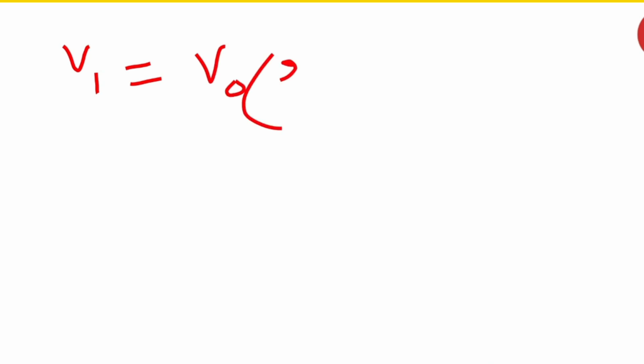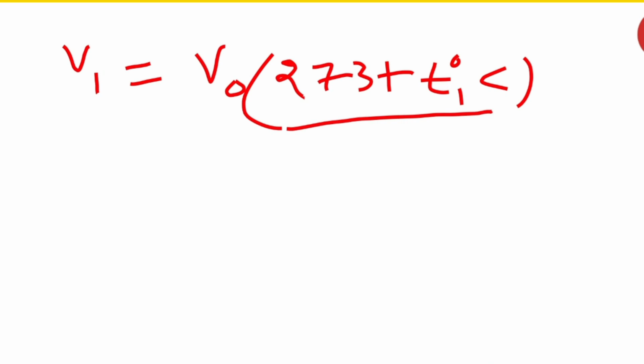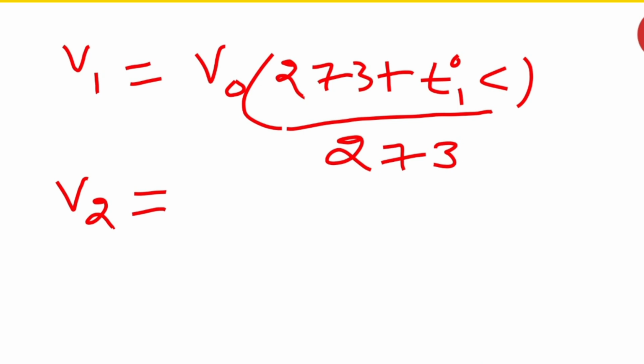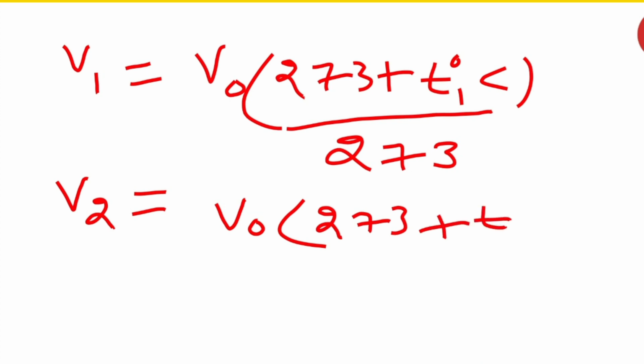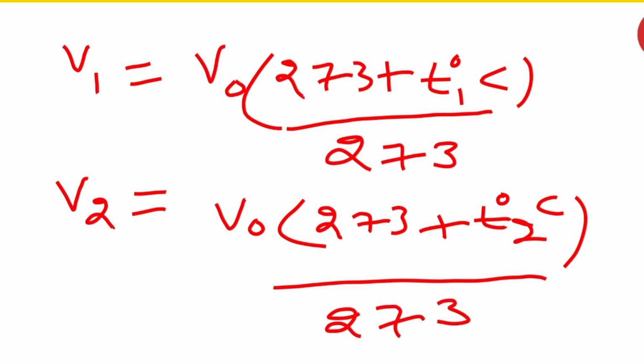Then after that, students, I'm going to do it now one by one for every expression. Suppose I'm writing it for V1. Then it will be equal to V naught into (273 plus T1 degree Celsius) upon 273. If I'm writing for V2, it will be equal to V naught into (273 plus T2 degree Celsius) upon 273.